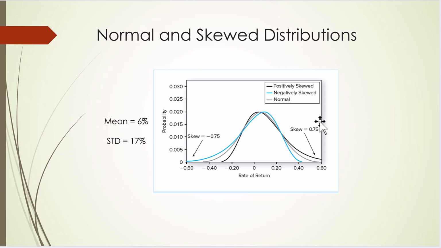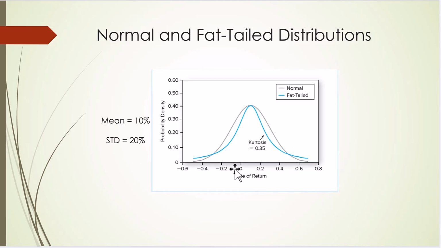Negatively skewed means that it is moving further to the positive as far as the highest part of the curve. Kurtosis means if the gray is normal, kurtosis is the measure up. So the higher it is up the curve, then we would say that it has a fat tail.